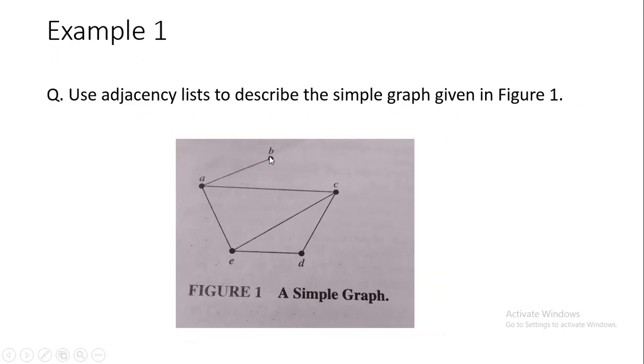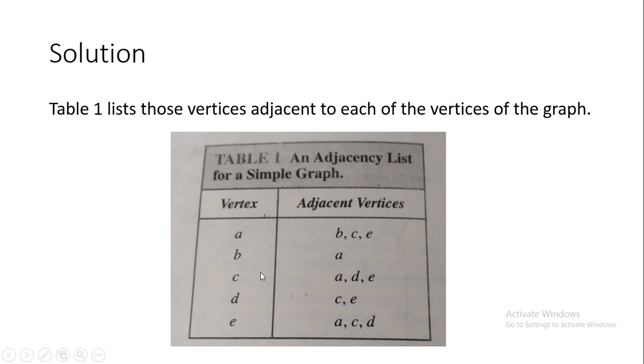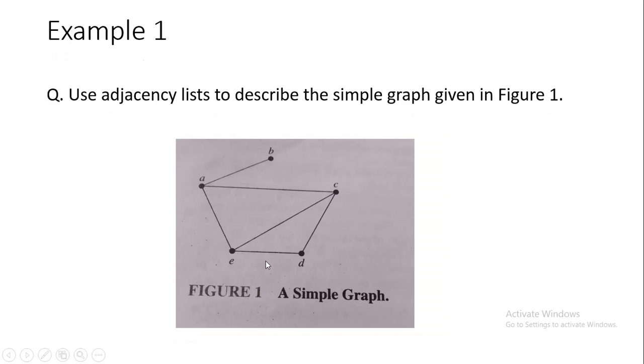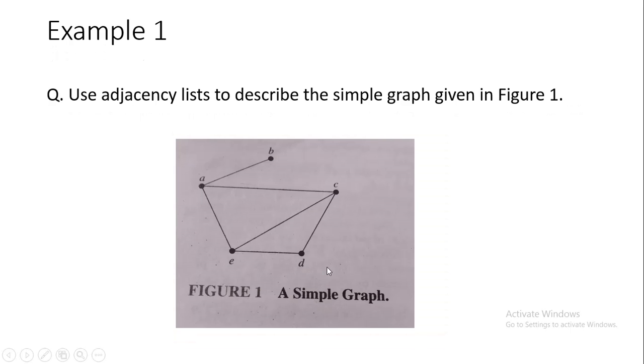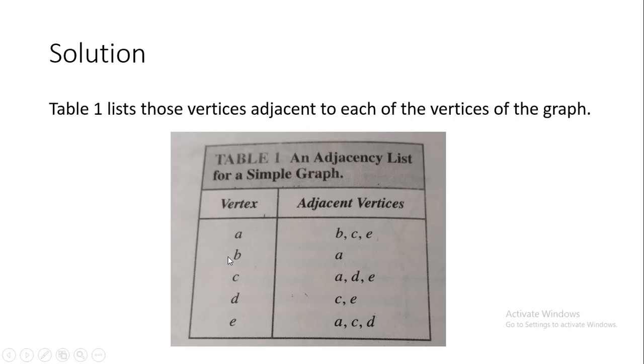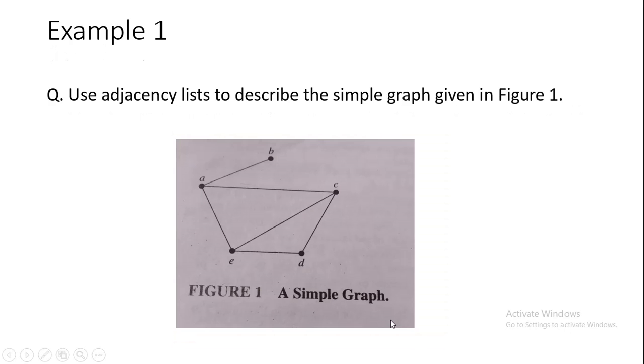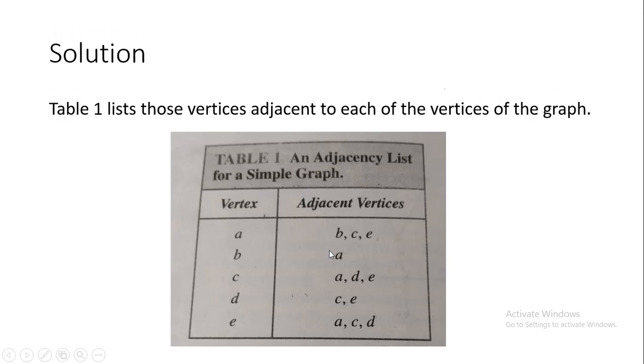Then the second row, B to A. From B there is only one adjacent vertex, A. Then for C: A, D, E. For D: C and E. And for E: A, C, D. Understood?